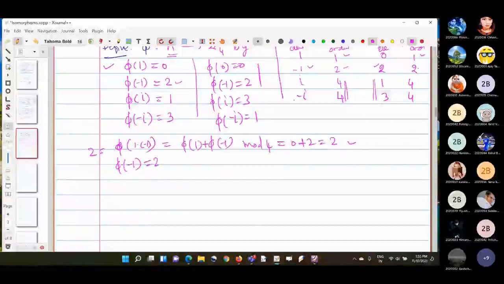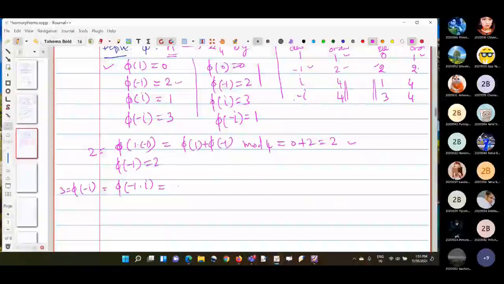ऐसे ही you can make so many pairs, available pairs. You can take -1 times iota. So in fact this is equal to phi of minus iota, and this phi of minus iota is 3.